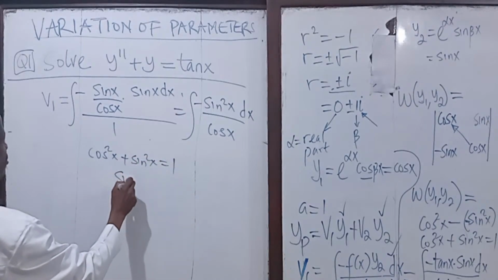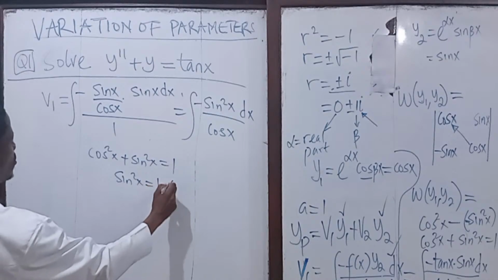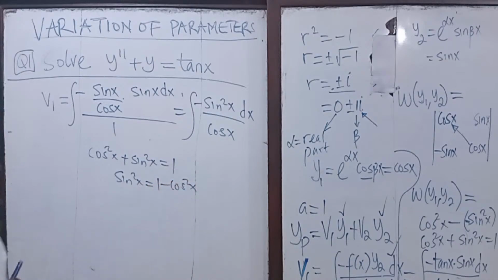So sin square x is equal to what? 1 minus cos square x. So we can use that if we like, for that question. So that's what we're going to do.